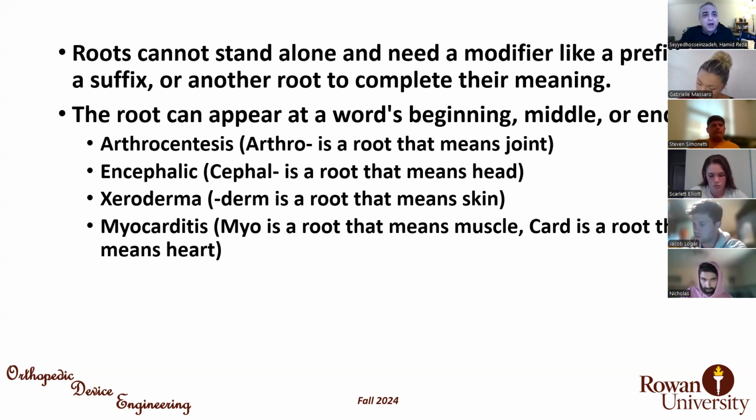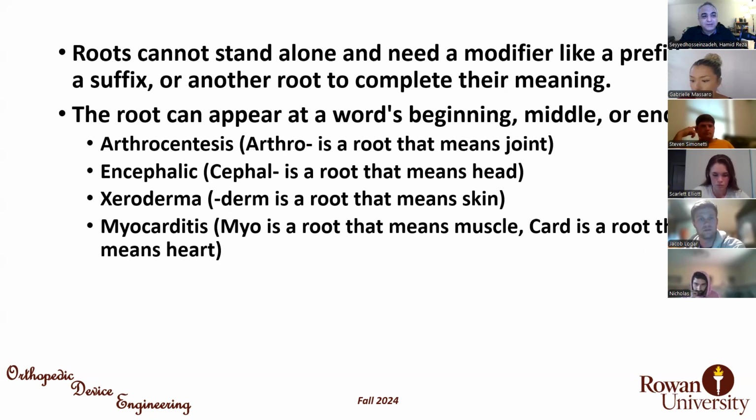For example, arthrocentesis means aspiration of the joint. The arthro is the root at the beginning. Encephalic means inside the head, and cephal is the root, and it is in the middle. Xeroderma: derm means skin, xeroderma means dry skin, and derm is the root at the end.